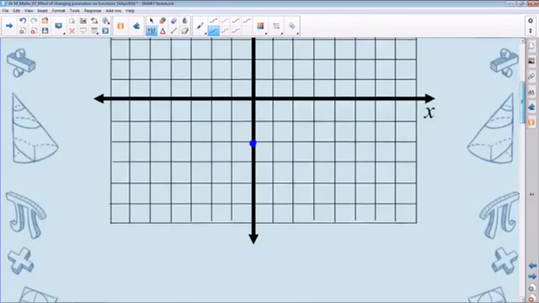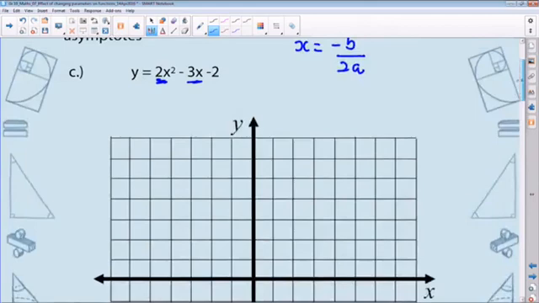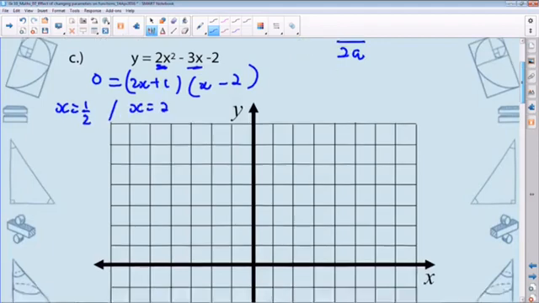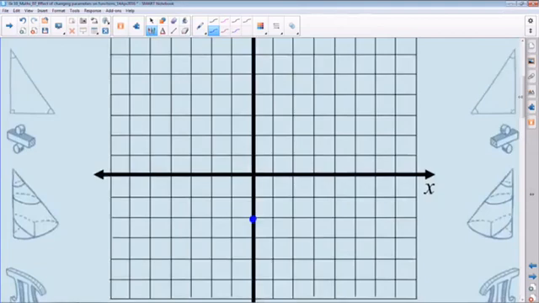Now, for the x-intercept, you make y 0. So you've got 0 equals 2x squared minus 3x minus 2. You factorize it, and you get (2x + 1)(x - 2). So x is negative half, or x is 2.